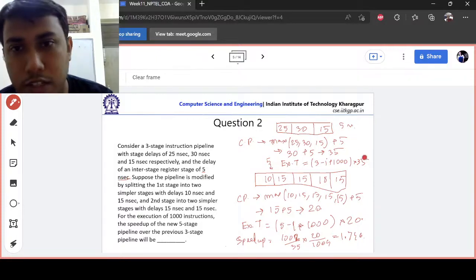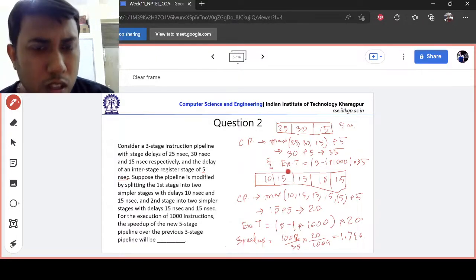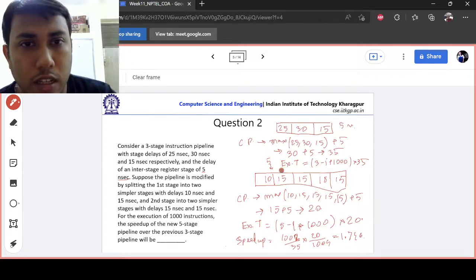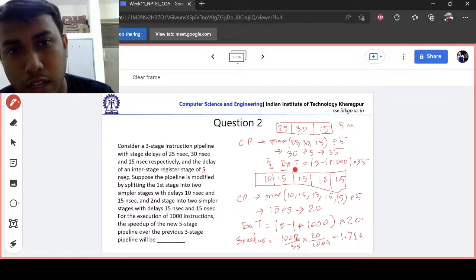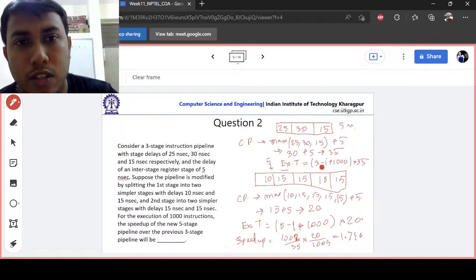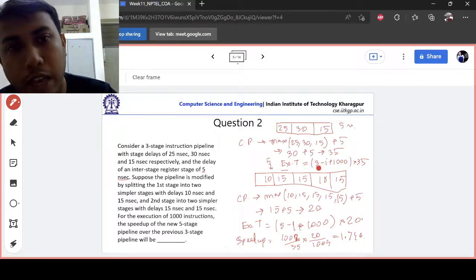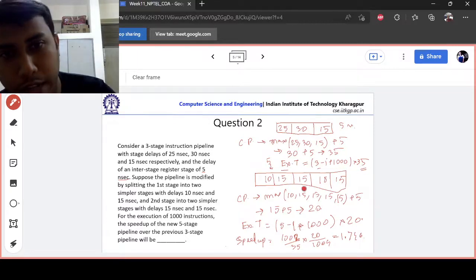Now the execution time will be k minus 1, that is 3 minus 1 plus 1000 into 35. This is the execution time, right?